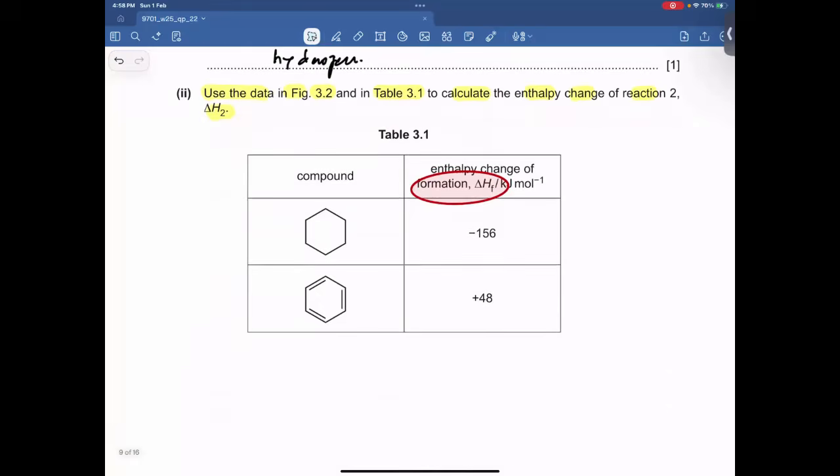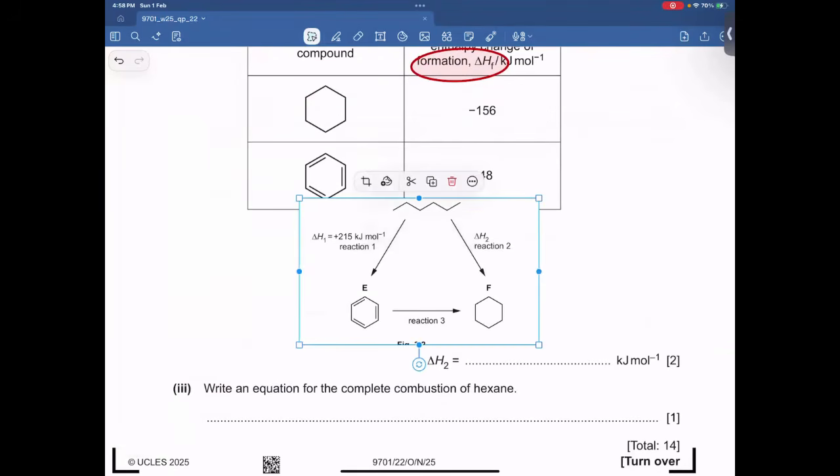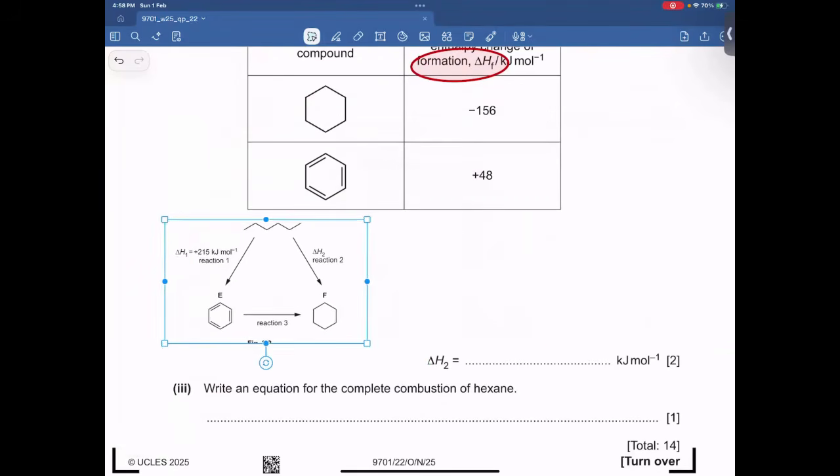So what we can do here is, formation data is given.